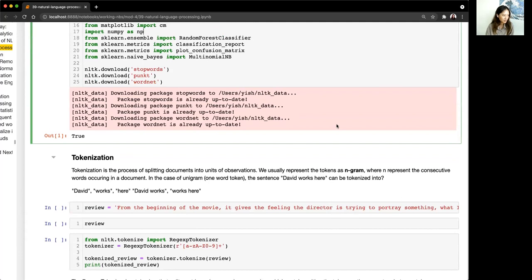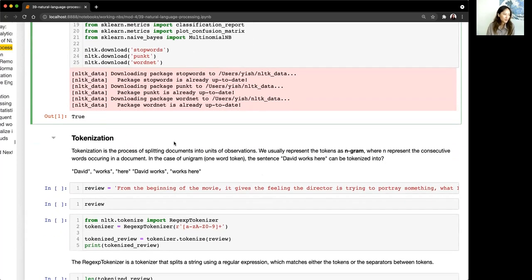Okay. So the first step of NLP, especially if you're taking these bag of words methods, and I'll talk about what bag of words means later, is tokenization. When you have a long string of text, you should separate it out into tokens. Tokenization is basically the process of splitting documents into units of observations. We usually represent tokens as n-grams, where n represents the consecutive words occurring in a document.